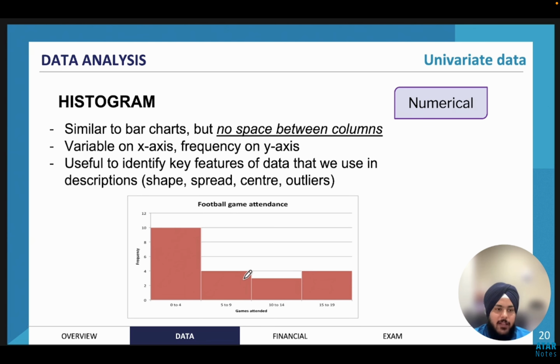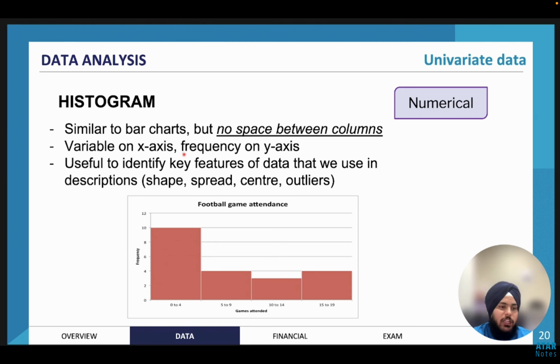Okay, so next we have histograms. So like I said, they look very similar to a bar chart, but there is no space between the columns. And we don't have space between the columns because we're usually, again, grouping the data. And I'll show everyone what that means in a second. But what we have on the x-axis is the variable, and again, we will have frequency on the y-axis.